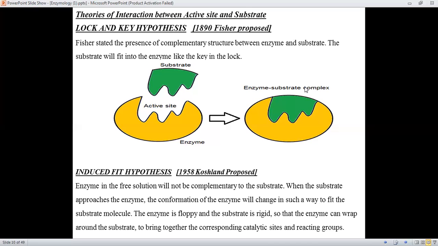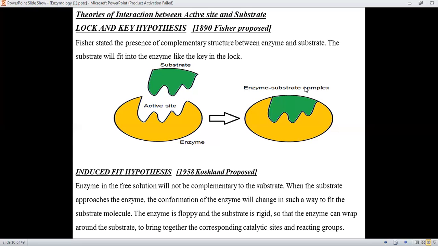So here the substrate is rigid and the substrate structure cannot be altered or changed. Whereas the enzyme structure is floppy in nature, the enzyme goes near the substrate and wraps around the substrate, and according to the substrate structure, the enzyme will alter or change its conformation so as to be very complementary to the substrate.